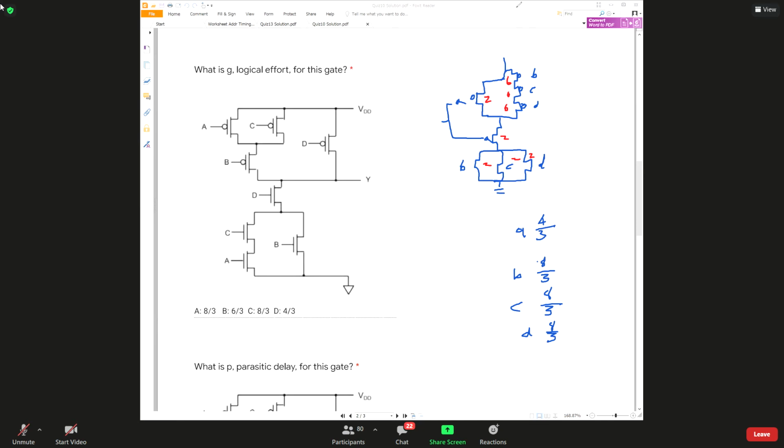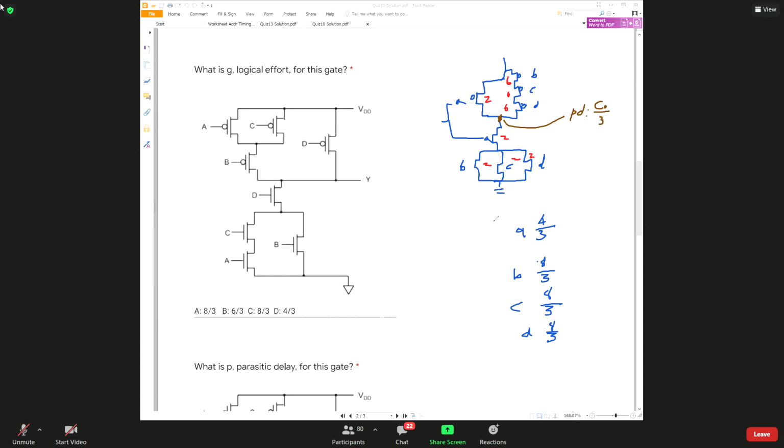Parasitic delay, okay? Let's talk about parasitic delay for the same problem, the same circuit. Parasitic delay is the cap at the output node, divided by the cap of the output node of the ideal inverter, which is again 3.